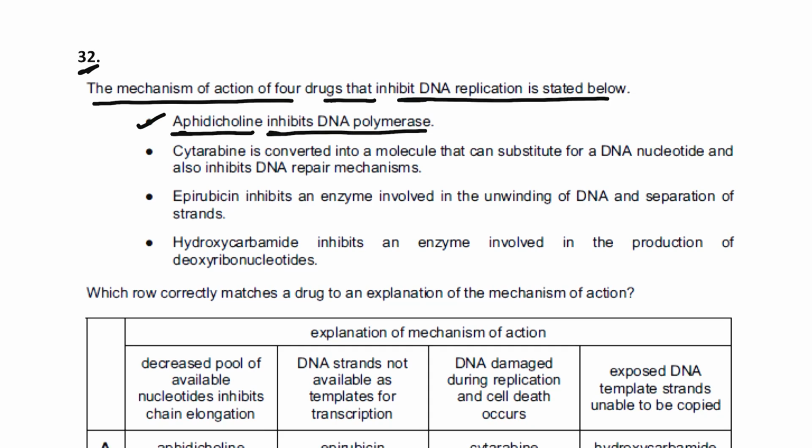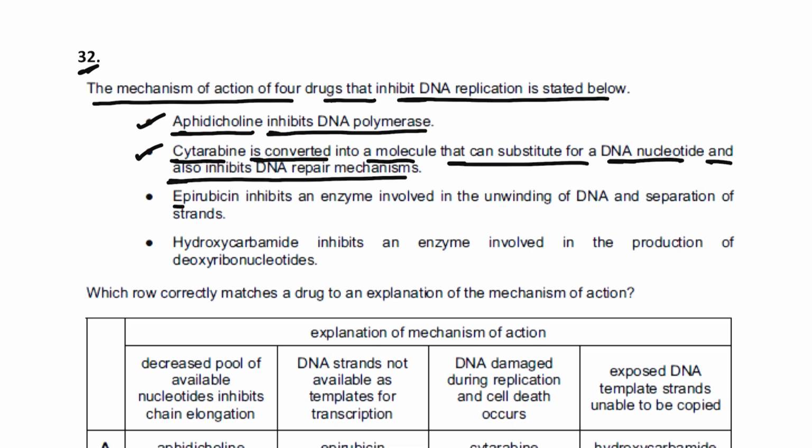Another drug is cytarabine, which is converted into a molecule that can substitute for a DNA nucleotide and also inhibits DNA repair mechanisms. For example, it can come instead of a thymine, adenine or guanine nucleotide. It's basically a substitute for the DNA nucleotide, and cytarabine also inhibits the repairing of DNA.